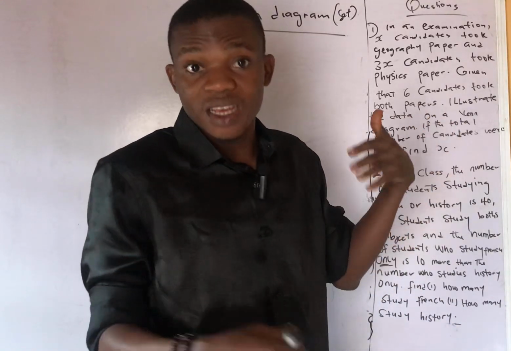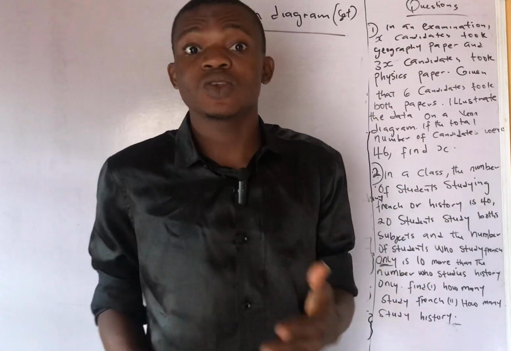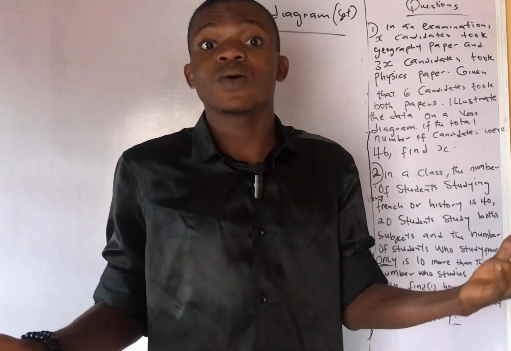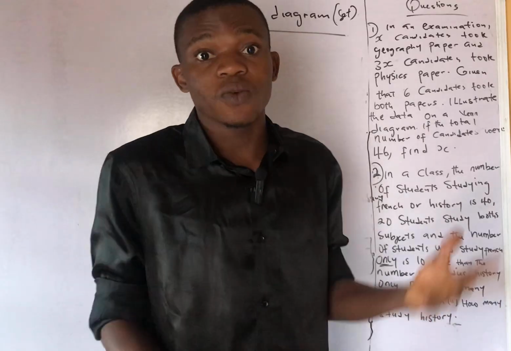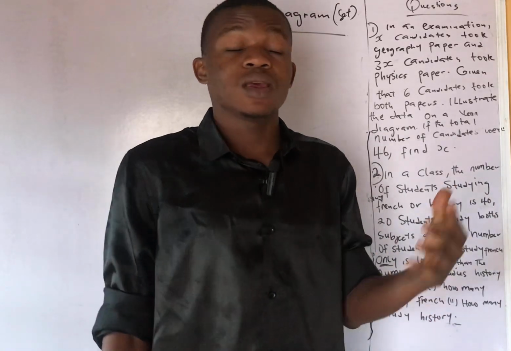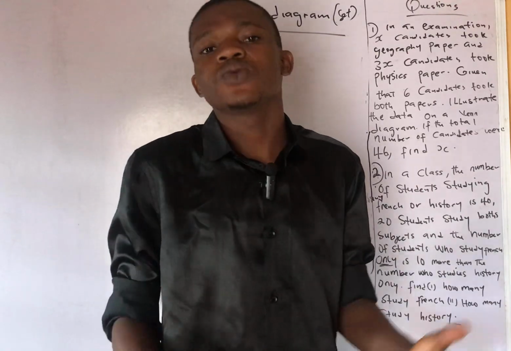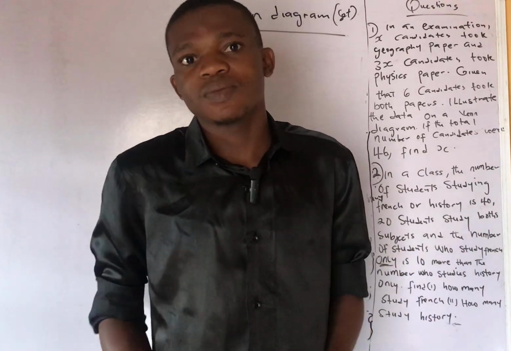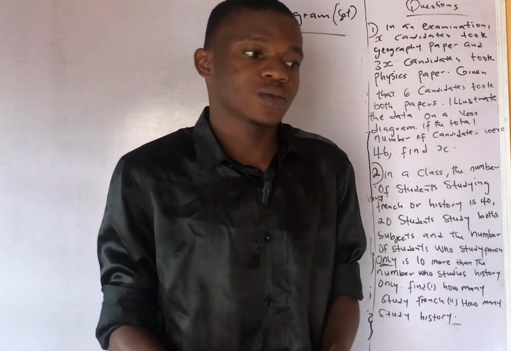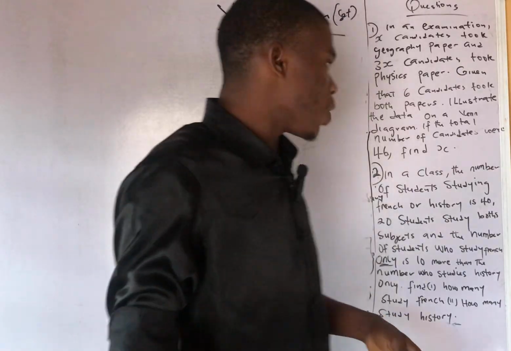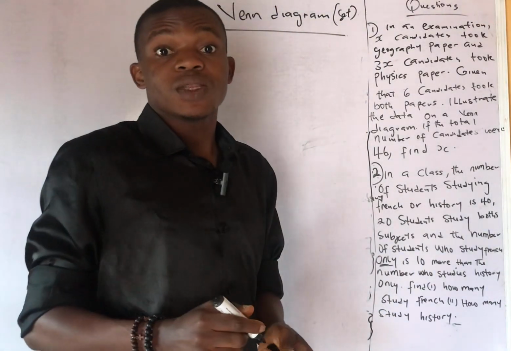Today, by the help of God, I'll be explaining it bit by bit to pave a clearer understanding or a clearer view on Venn diagram. So anytime you come across a question that involves a Venn diagram, you will find it easy and you will be able to solve it.